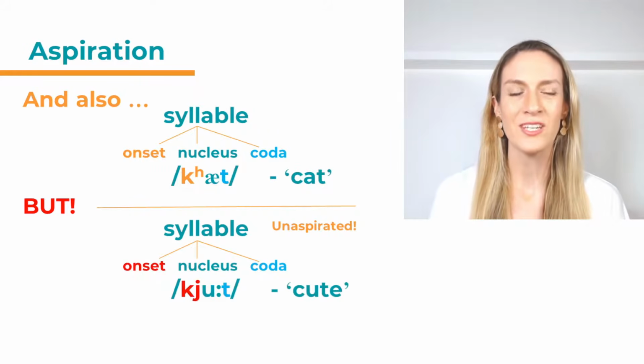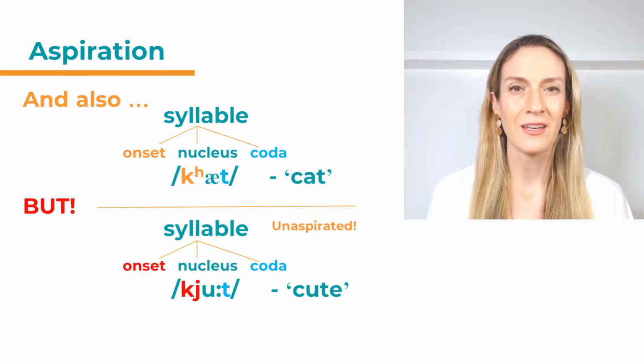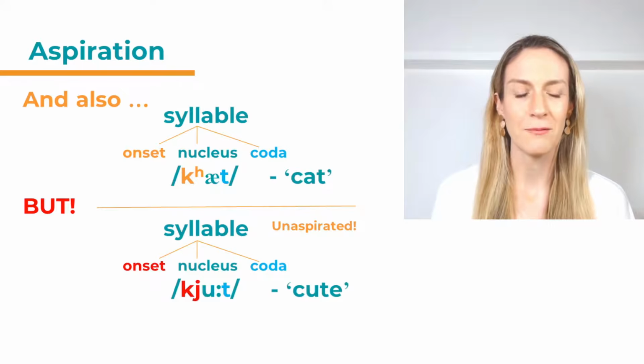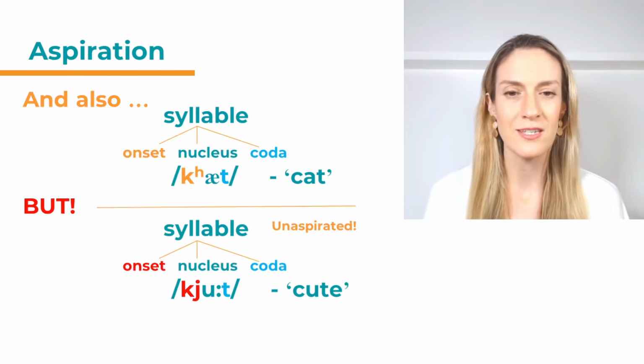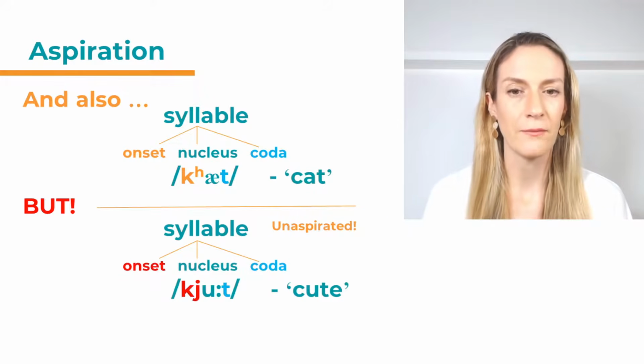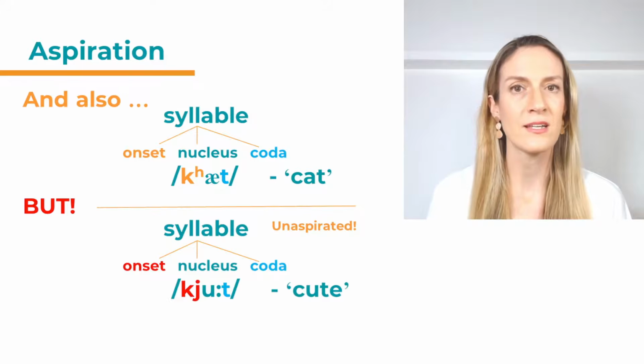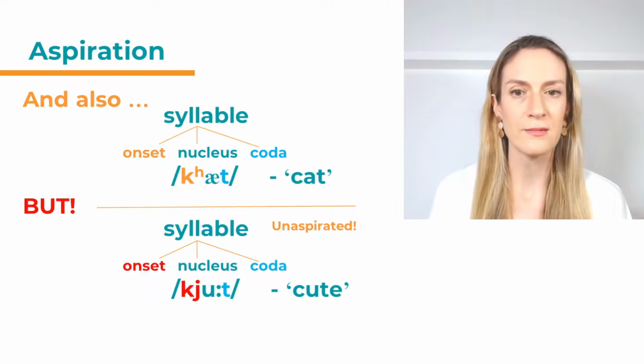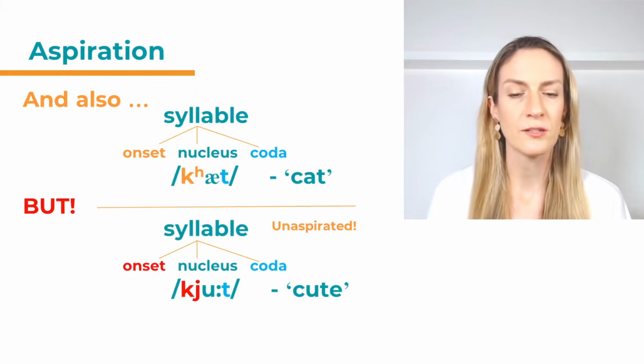Now, I just wanted to give you an example also with k. It doesn't necessarily form exactly the same word, just with one sound difference. These two are different, but so that you have an example also with k. So first we have the word cat. So here k is the onset, it's the only sound, k, cat, very often aspirated. But when we form the word cute, that's again only one syllable.